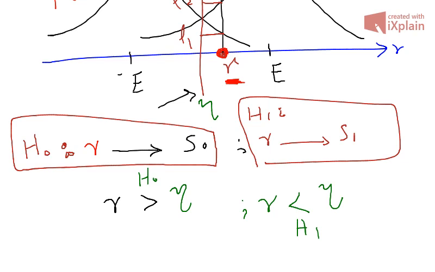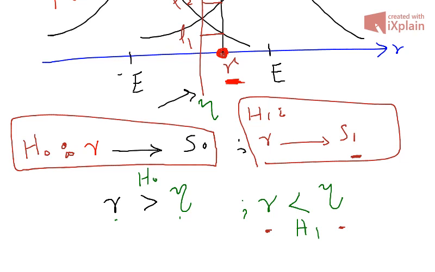This simply means that if the sample value is greater than the threshold, then the receiver would declare, based on the likelihood function, that S0 is transmitted, or hypothesis H0 is true. If the received signal is less than this threshold, then S1 is transmitted and hypothesis H1 is true, because these are the two hypotheses about this sample value.